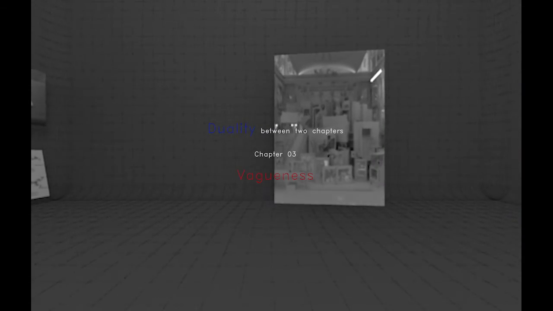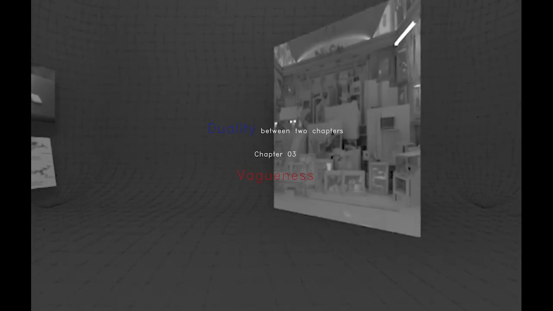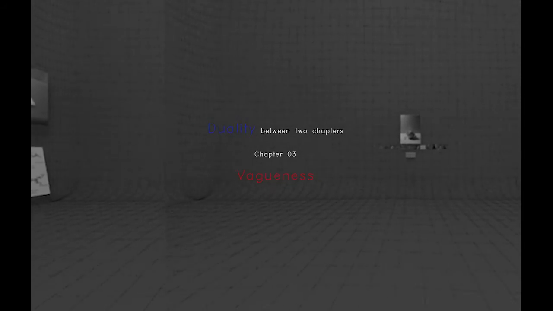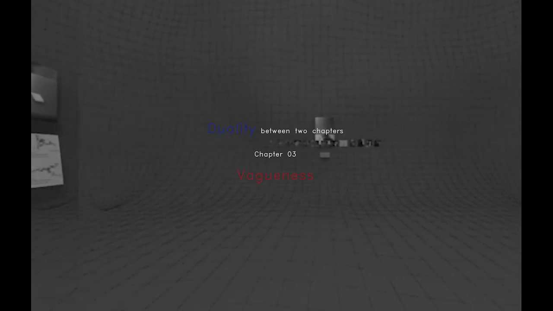Duality between two chapters. This second chapter is entirely different from the last one, particularly in its position on architectural conceptual thinking, so it has richness of form and vagueness of relationship in multiple layers.